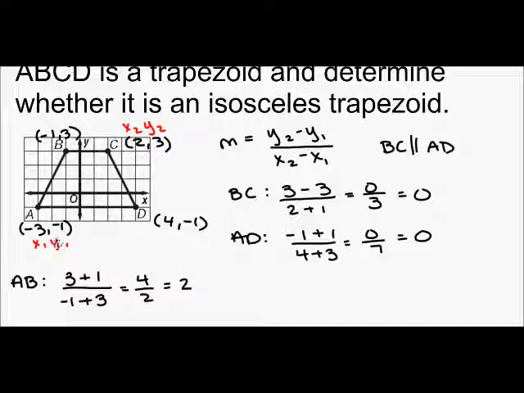So I'm looking for a slope of 2 here. CD, we have 3 minus negative 1, so that's a plus 1, over 2 minus 4. This gives me 4 over negative 2, which is a negative 2. Okay, now these numbers are different. They are not the same. So AB and CD are not parallel.